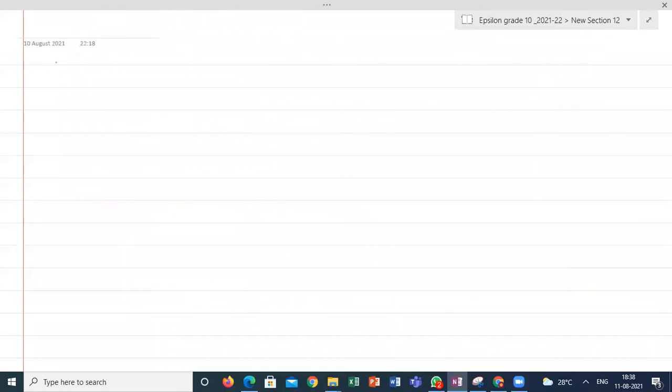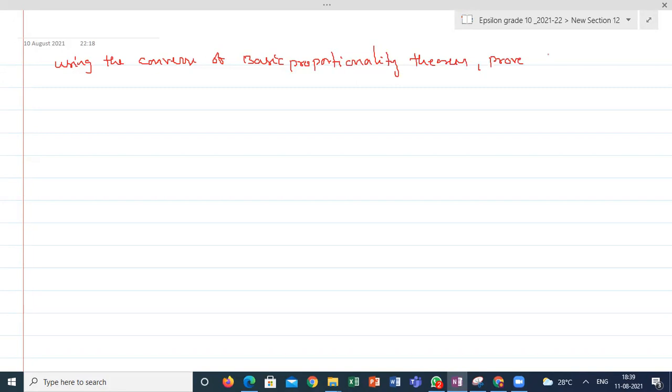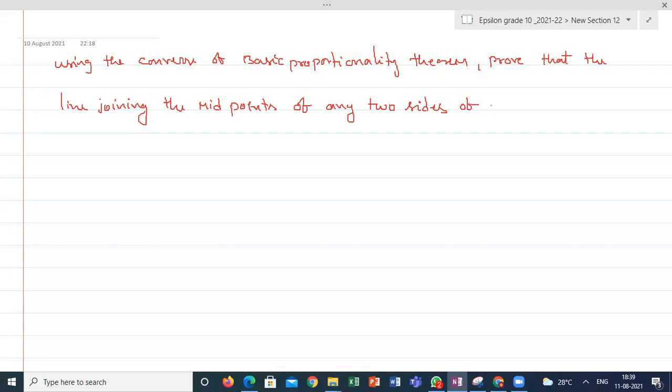Is it clear? The next question is, using the converse of the basic proportionality theorem, prove that the line joining the midpoints of any two sides of a triangle is parallel to the third side.